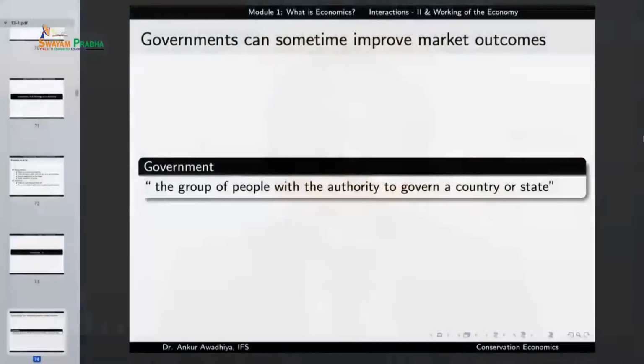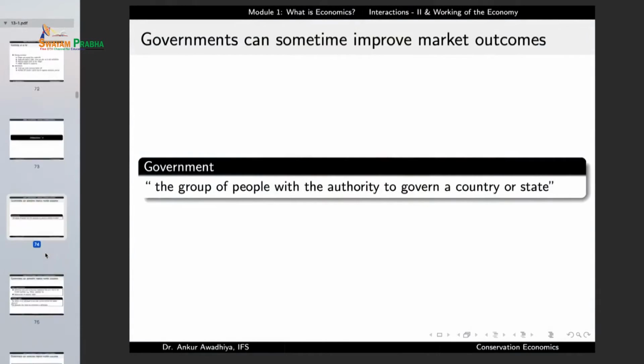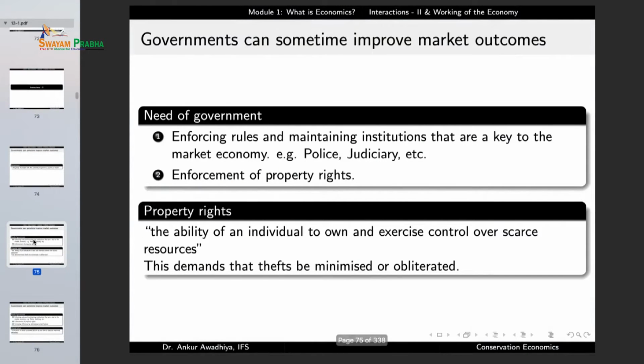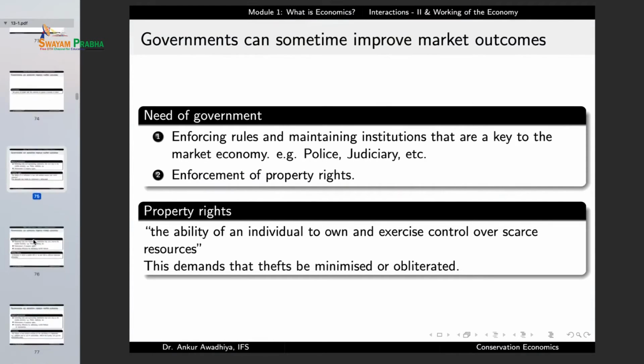So when the government steps in, it can put things such as taxes, it can make use of subsidies, it can make use of price controls, it can make use of just banning things altogether, so that the society reaches a more optimum level of output. So the governments can improve the market outcomes, and the governments are also needed to enforce rules, maintain institutions, enforce the property rights, so that the markets are able to function.